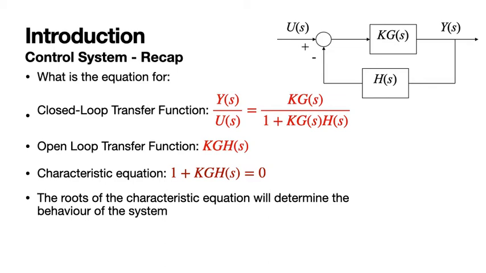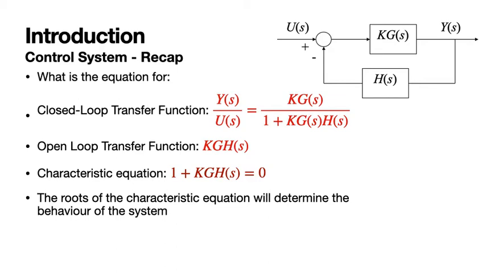So the transfer function, I think we've learned it previously, for this system is KG(s) over 1 plus KGH(s). What about the open loop transfer function? For this case, the open loop transfer function is KG(s)H(s). So the three are multiplied.